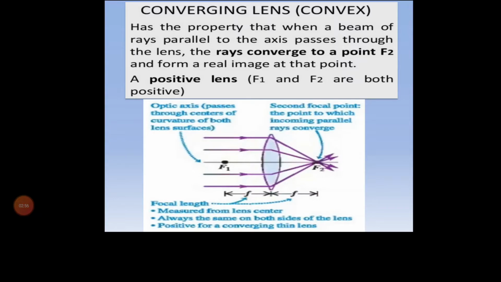The second focal point F2 is the point to which incoming parallel rays converge, and F is the focal length measured from the lens center. The focal length will always be positive for a converging lens.